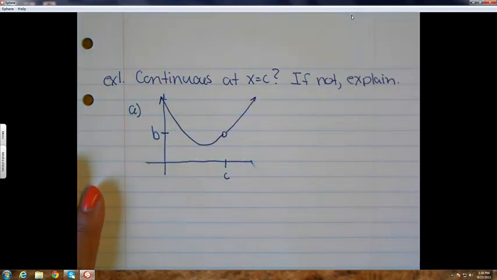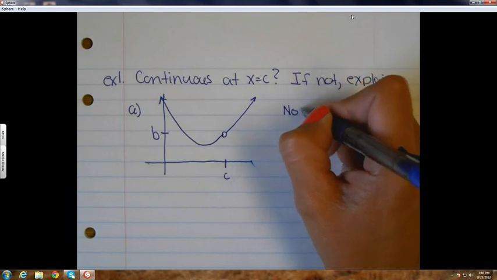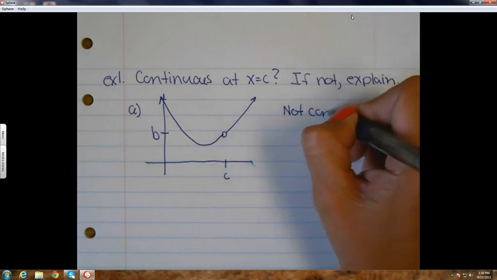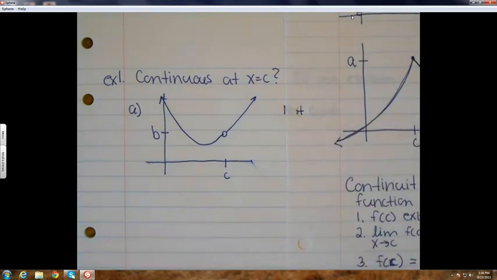Okay, so is it continuous? You can still think about that definition of, oh, can I draw it with my pencil completely? And the answer is no. So you can answer no, it's not continuous. But now you have to be able to go back to that three-part definition and tell me which part doesn't work for us. And start with the first part. Does f of c exist?